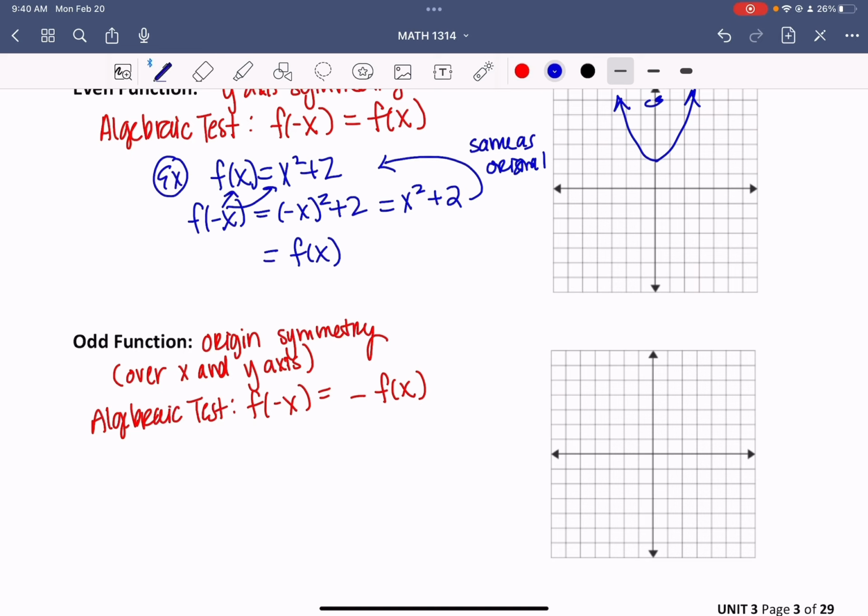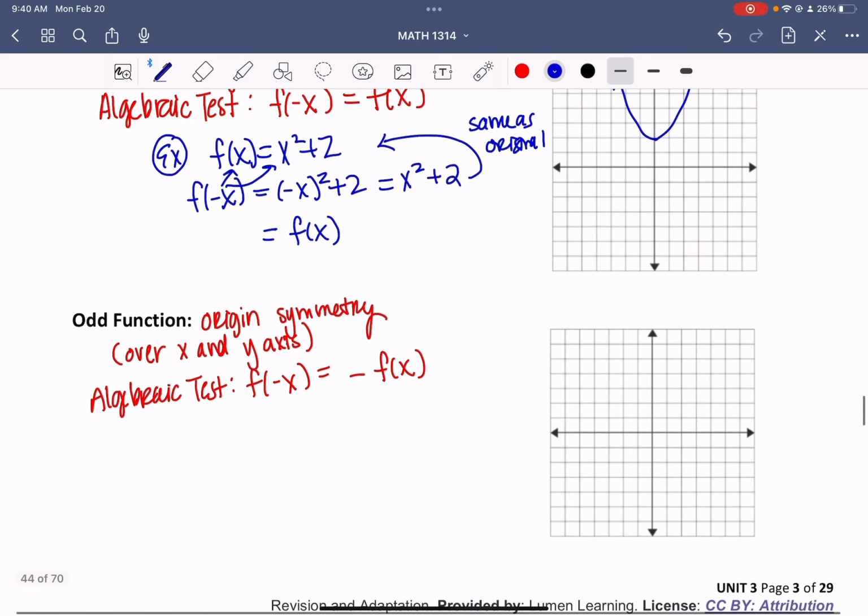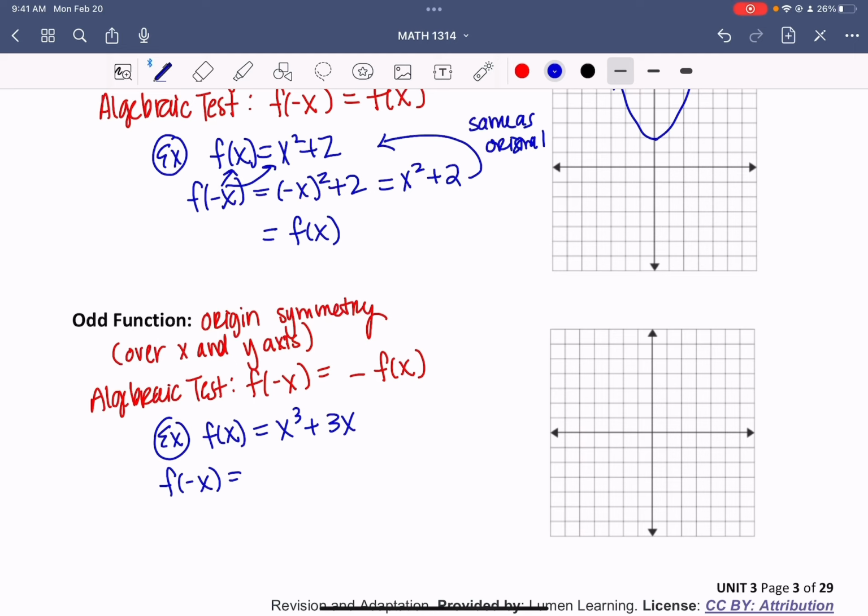And so let's look at an example of that. We're going to work it with this function here. If I take f of x equal to x cubed plus 3x, I can plug in negative x into this situation and it results in the other reflection. So that would be negative x cubed plus 3 times negative x.